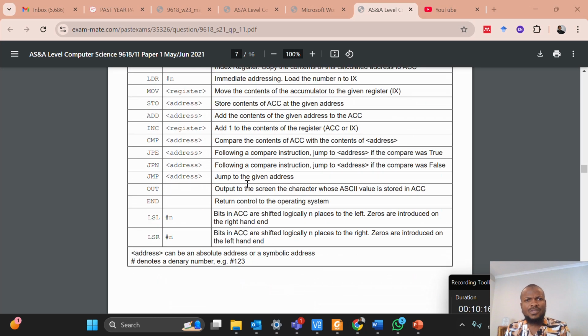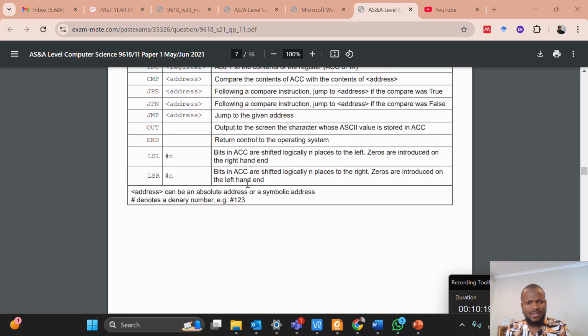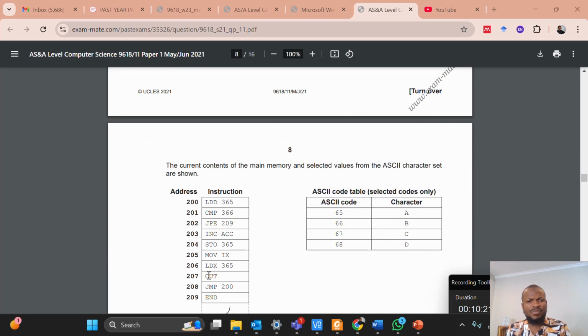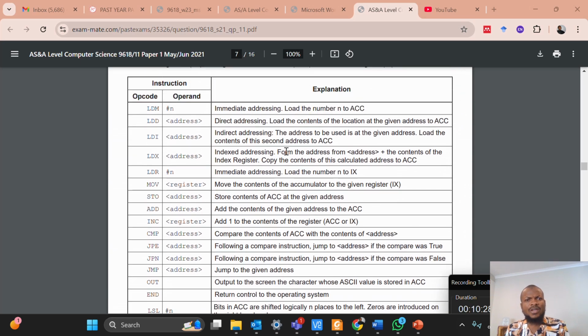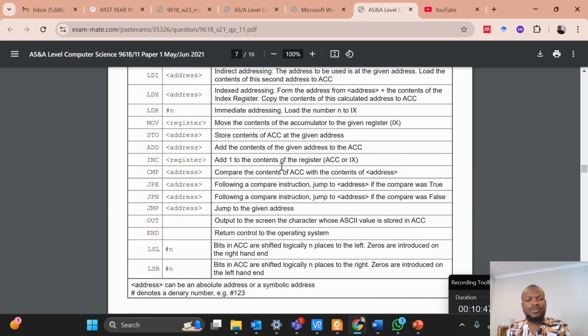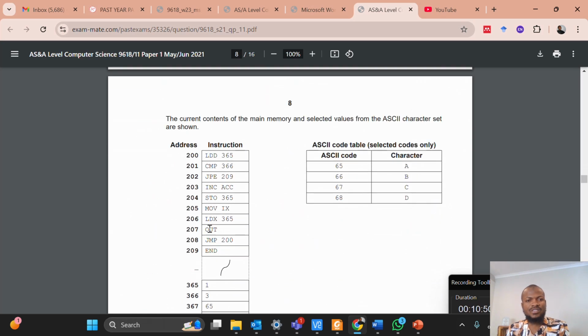Let's take, for example, LDX 365. It means the address is 365. We are forming another address. Is that understood? The content of the index register will be added to that address. I hope this is understood. Address plus content of index register. What is the address? 365.